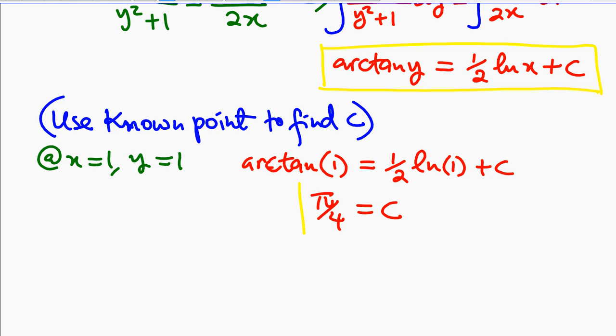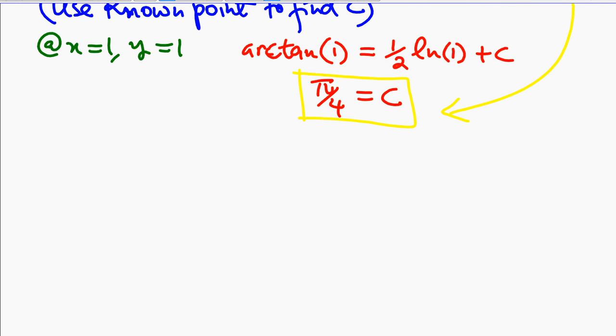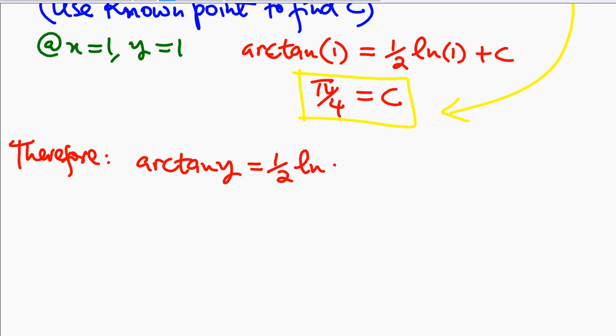Now that we have c, we can put these together to find our particular solution. So what we'll end up with is arctan y. So therefore, arctan y will be equal to a half ln x plus pi over 4.